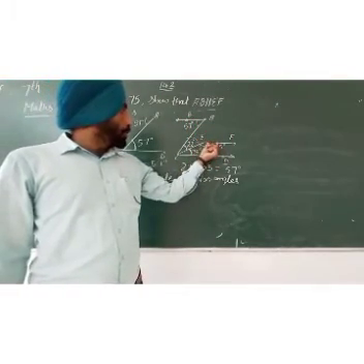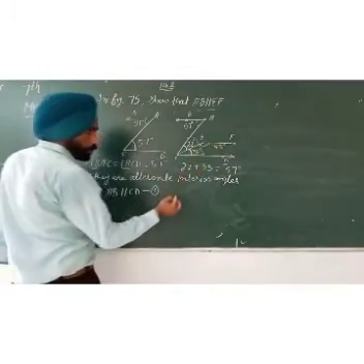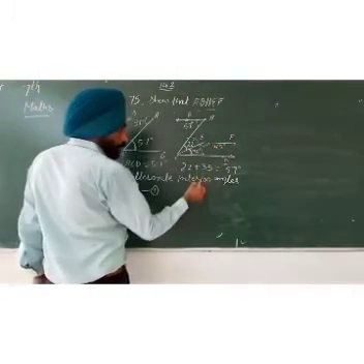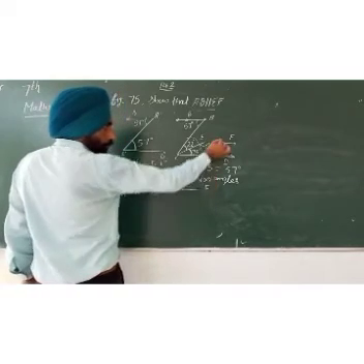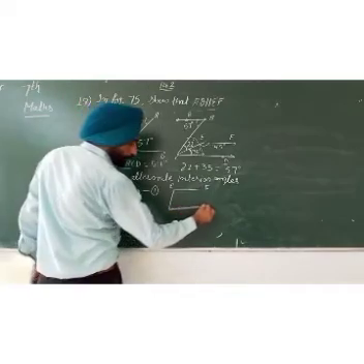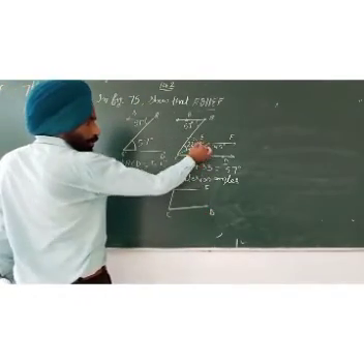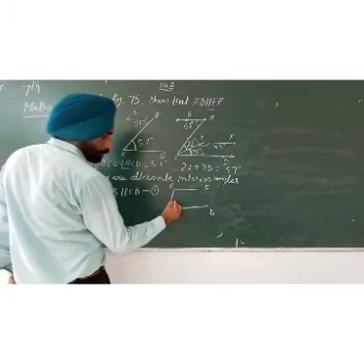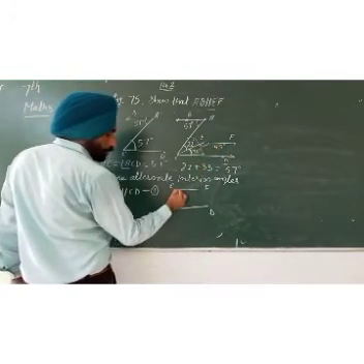Now find out the relation between EF and CD. Look at the separate figure. This is line EF, and this is line CD. This angle is of 35, and this angle is of 145.